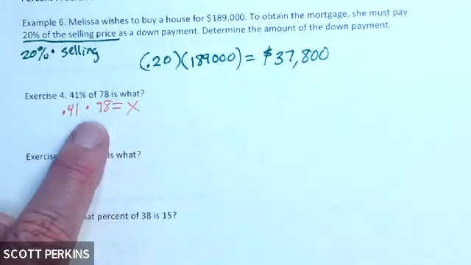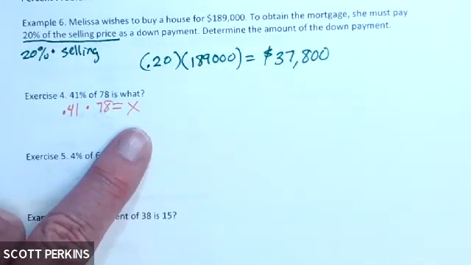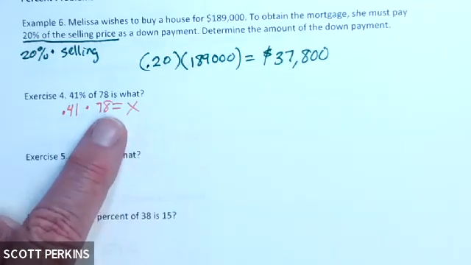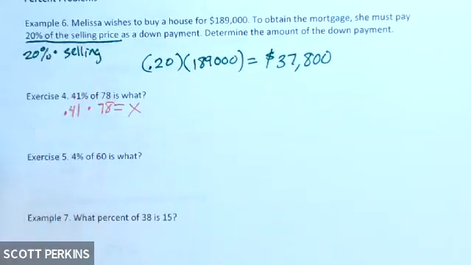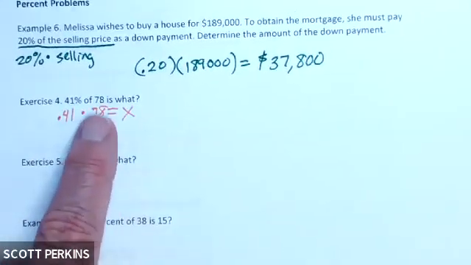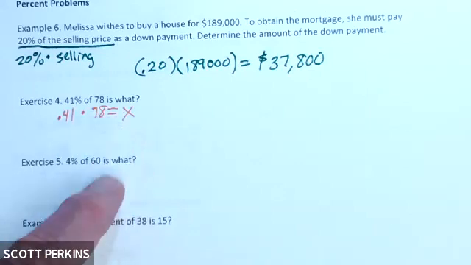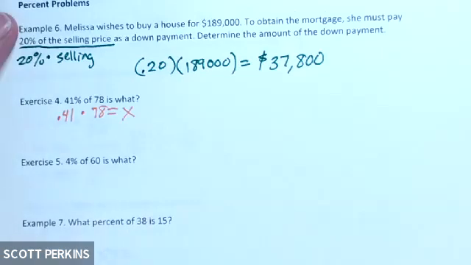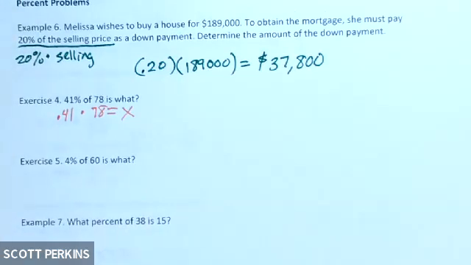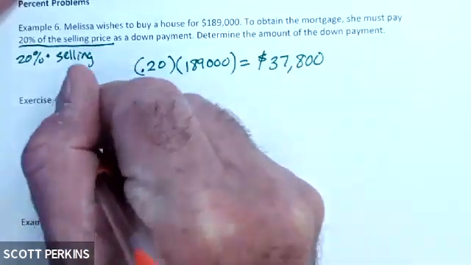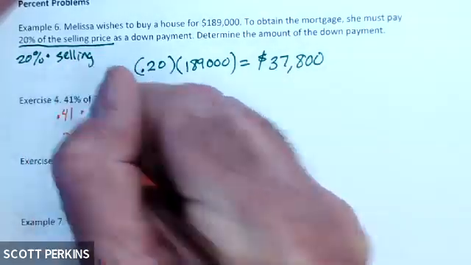If you didn't do this setup, which I doubt you did, that's totally fine. I just gave this as another straightforward example of what we did in example 6. But I also wanted to show you the setup so that when we do the rest of these problems, some of the later problems are a little easier to accomplish. The bottom line on this problem is all you had to do was multiply 0.41 times 78, and that turns out to be 31.98.